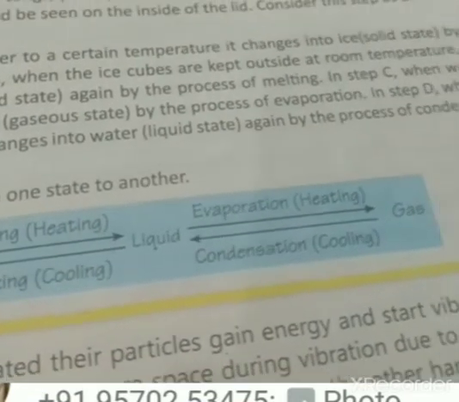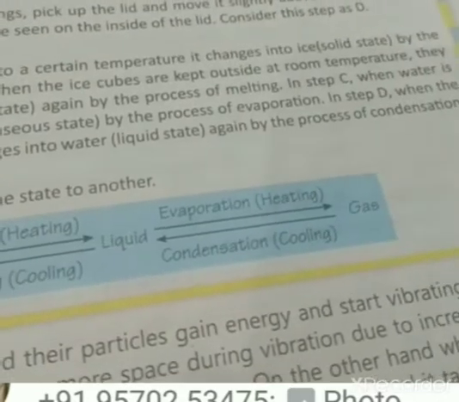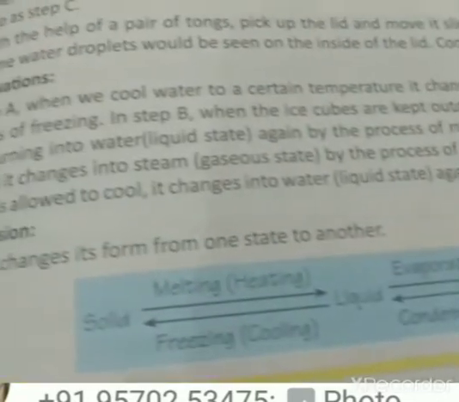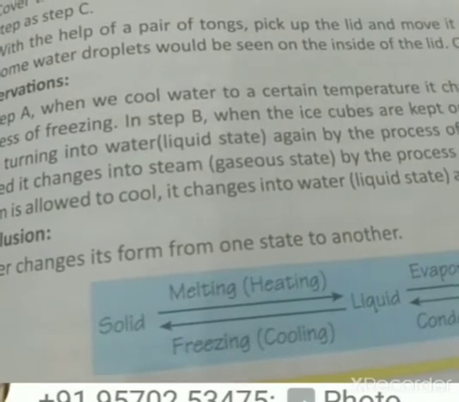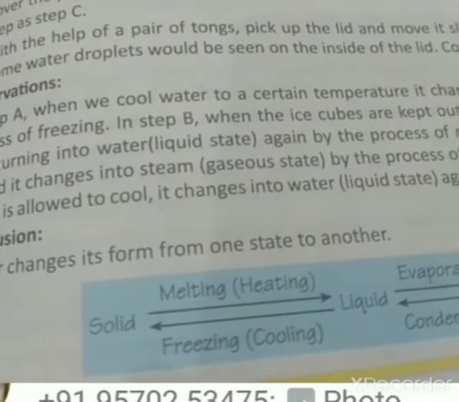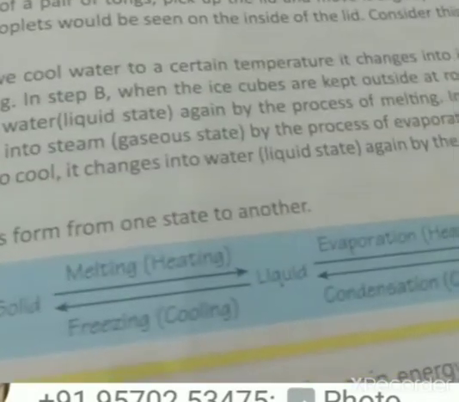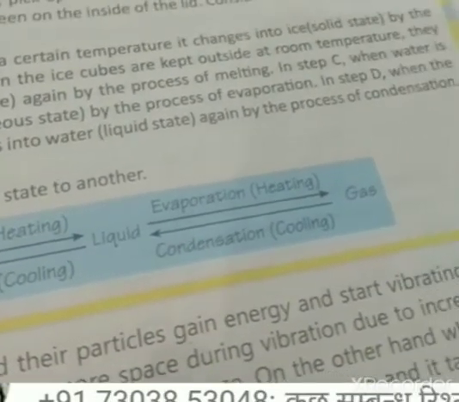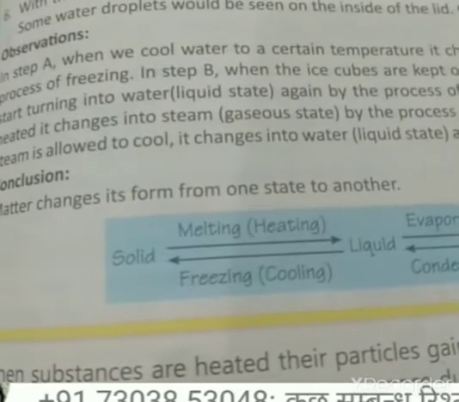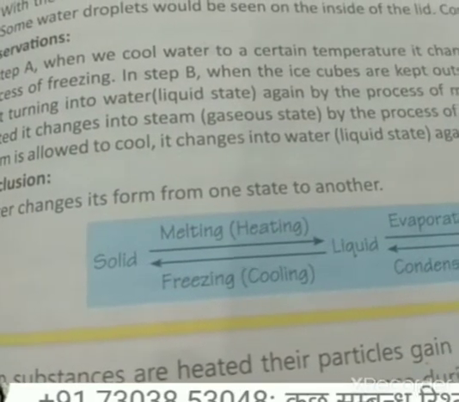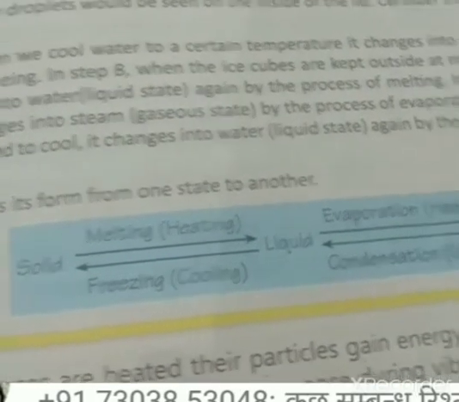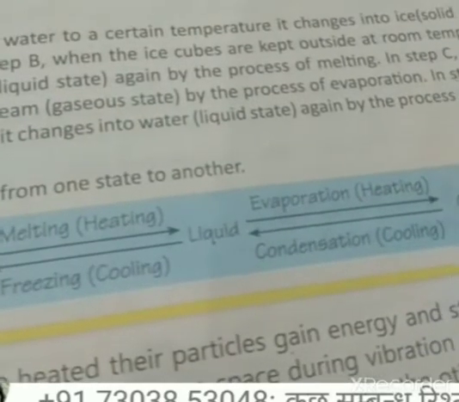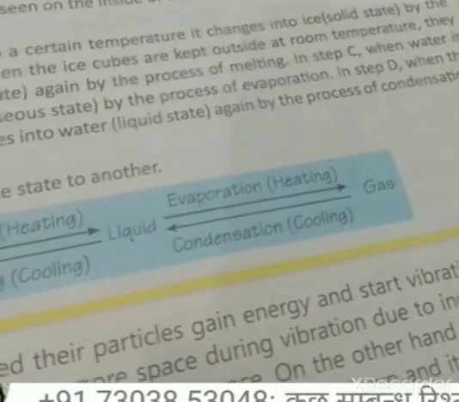In step C, when water is heated, it changes into steam, a gaseous state, by the process of evaporation. In step D, when the steam is allowed to cool, it changes into water, that is a liquid, again by the process of condensation.